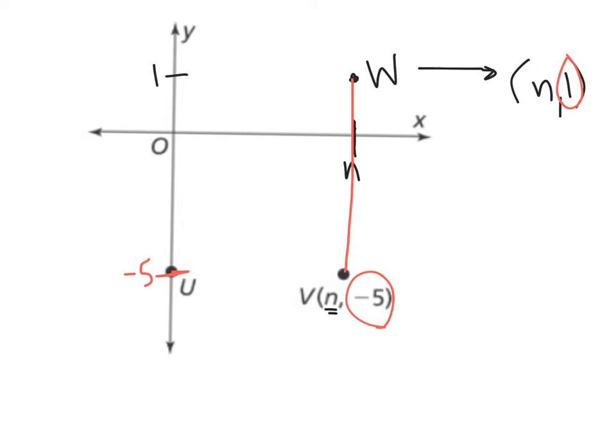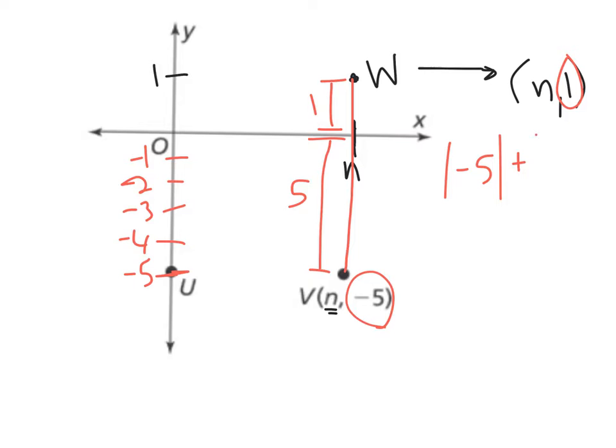I don't have physical boxes or anything. We could make boxes if we wanted to, or we could make this be like a number line here if you want. But anyway, we're going from -5 to 1. Basically, we've got 5 units getting us back to the x-axis, and then 1 more unit. Or you can do absolute values and add those together.